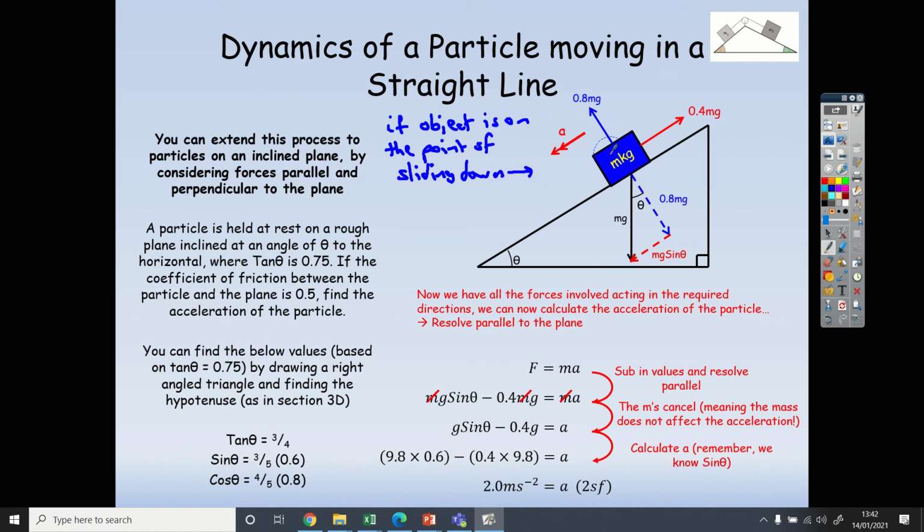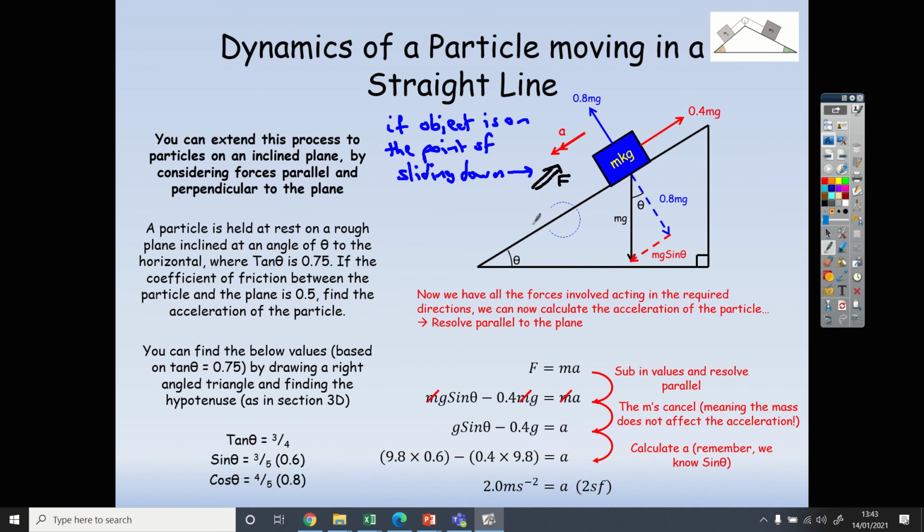If we have limiting equilibrium, but the object is about to slide down, then friction is going to oppose that and point upwards. So that's the way friction goes in that case.